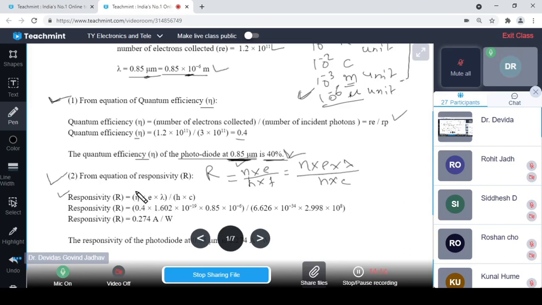So eta is 0.4, substitute. E is 1.602 into 10 raised to minus 19. Lambda is 0.85 into 10 raised to minus 6, divided by H, which is 6.626 into 10 raised to minus 34, and C is 2.998 into 10 raised to 8.